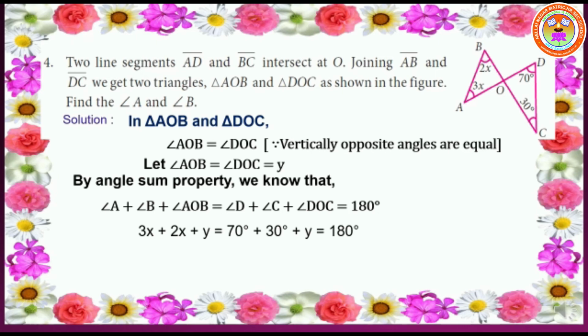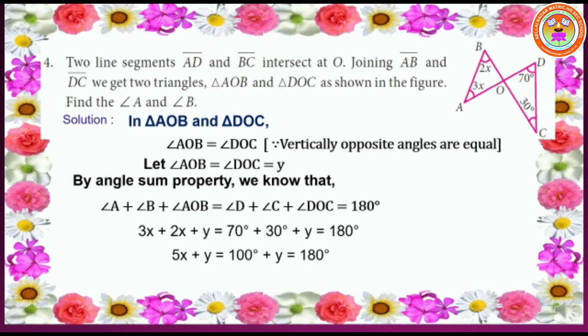So what I have done here, I have substituted the values for angle A, that is 3x, angle B 2x, angle AOB we have taken as y, angle D is given as 70 degrees, angle C is given as 30 degrees and we have taken angle DOC as y. So these values will be equal to 180 degrees.